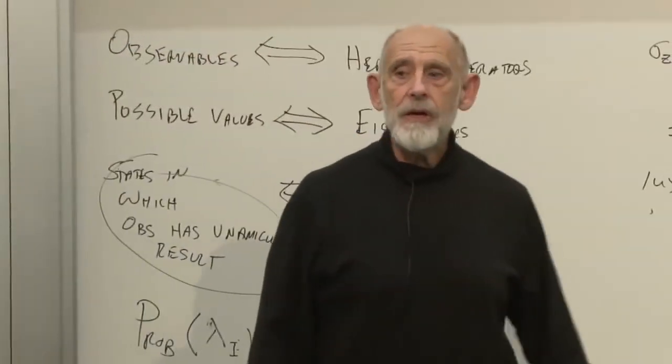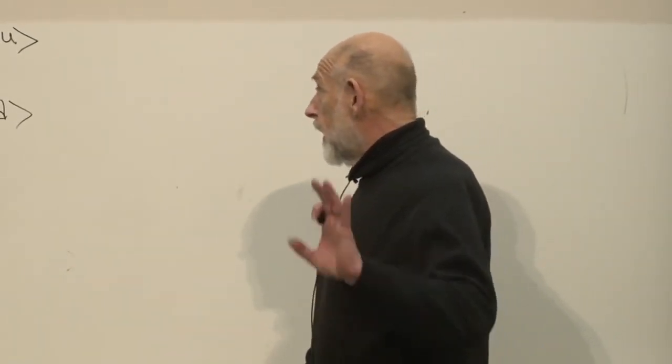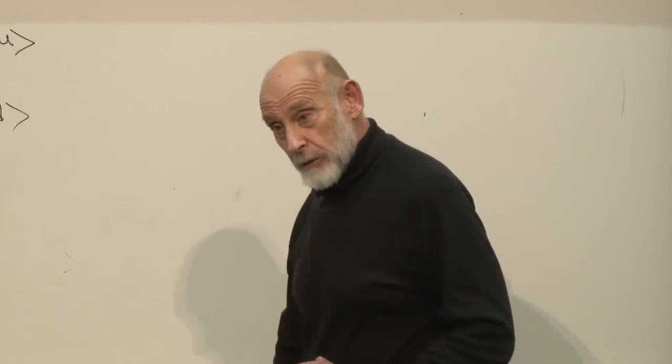Let's see if we can compute its matrix elements and exhibit it as a matrix. But when I say exhibit it as a matrix, I must pick a basis. I'm going to pick the basis up and down. First of all, up and down are orthogonal to each other.